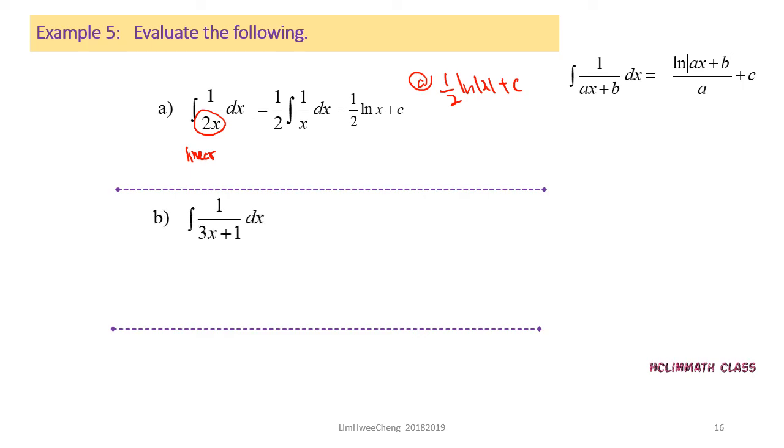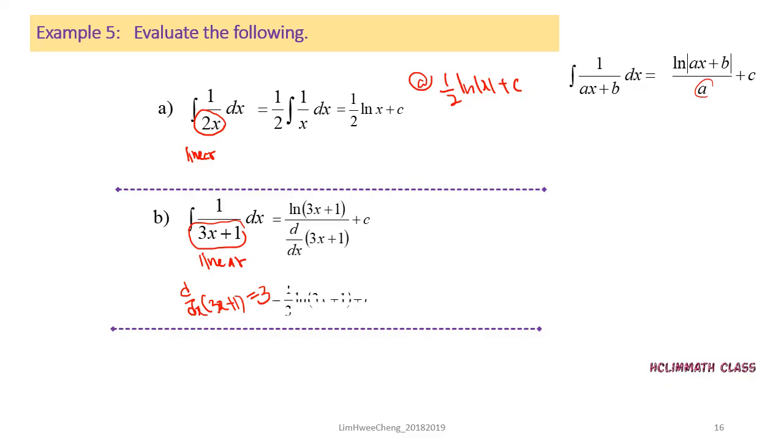For example B, we have 3x plus 1. Again, this is linear. So I have to apply this ln ax plus b over a. If I differentiate 3x plus 1, I will get a 3. So that's why I will get a 1 over 3. So I get 1 over 3 ln 3x plus 1 plus c.